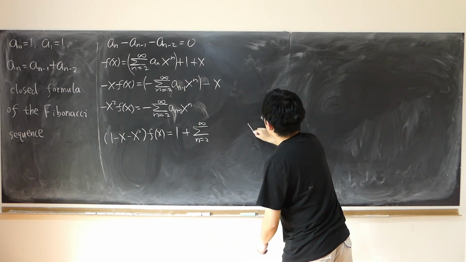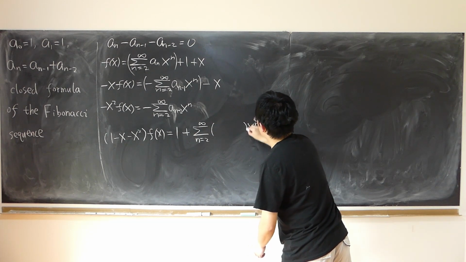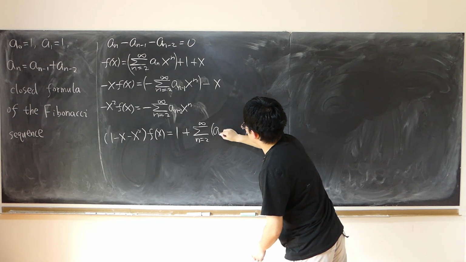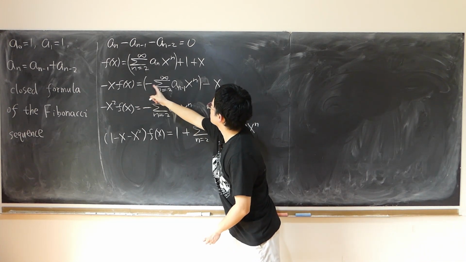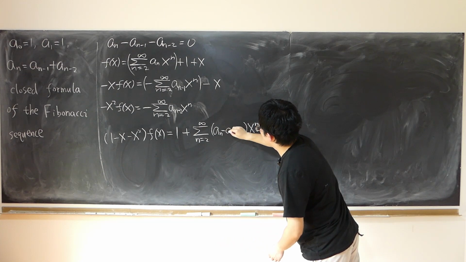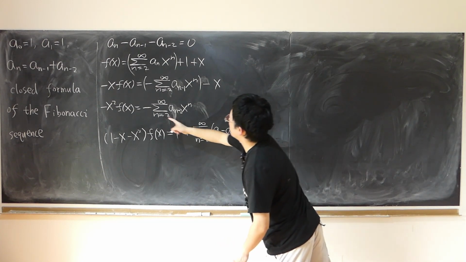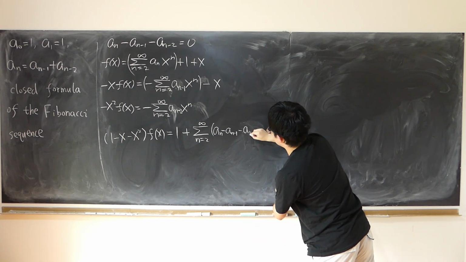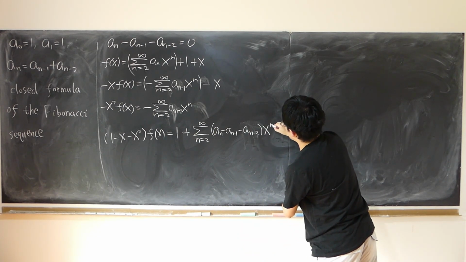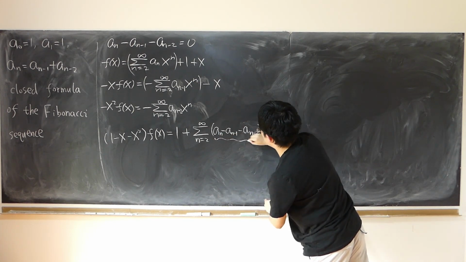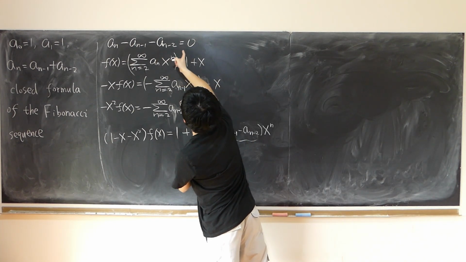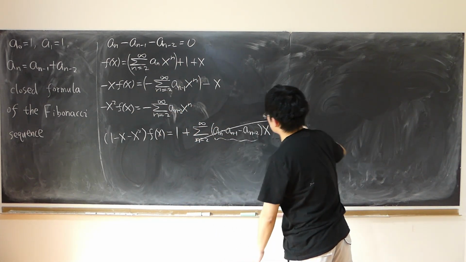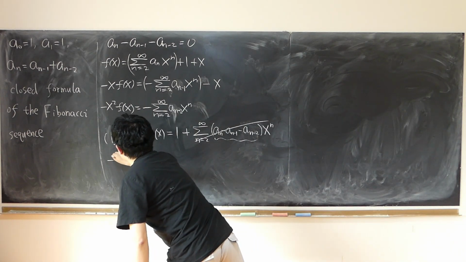In the bracket, I have a_n to begin with, minus a_(n-1), minus a_(n-2), times x to the n. So this part is already 0. That's the rewritten recursive relation. So this is gone.